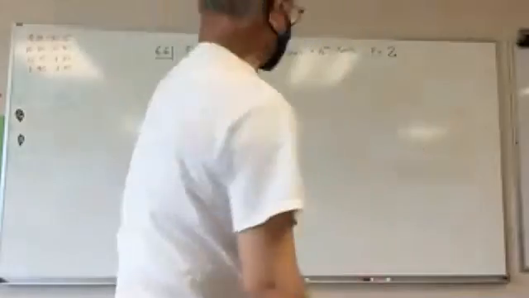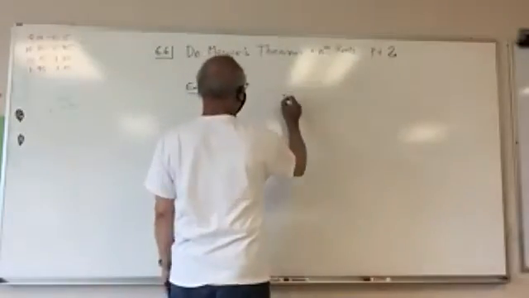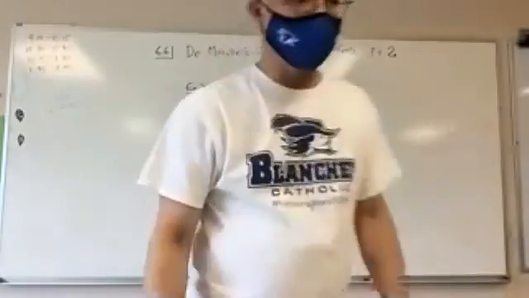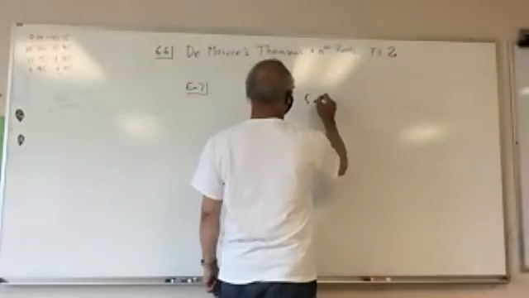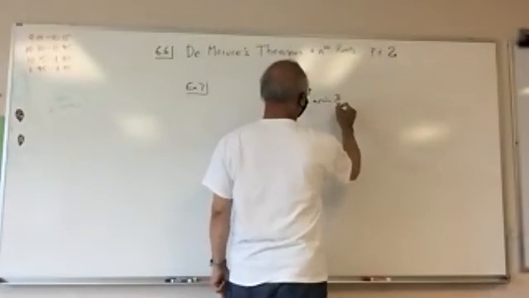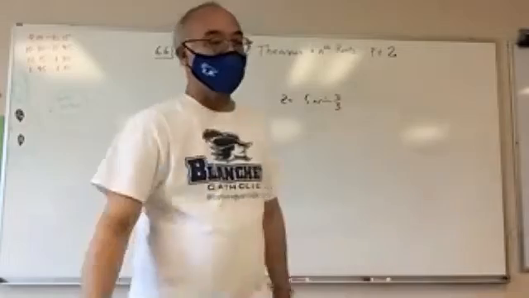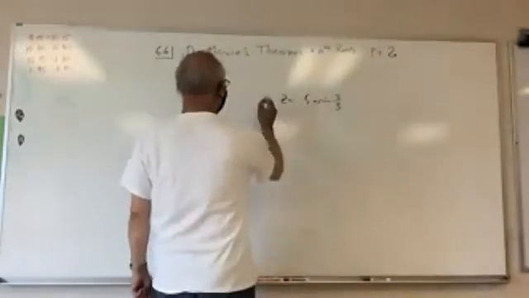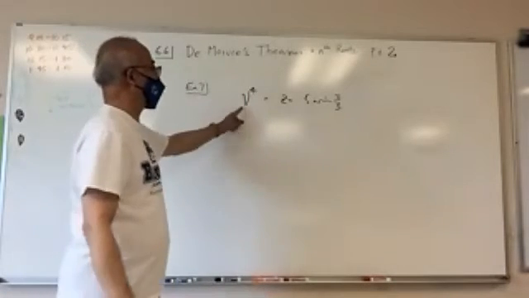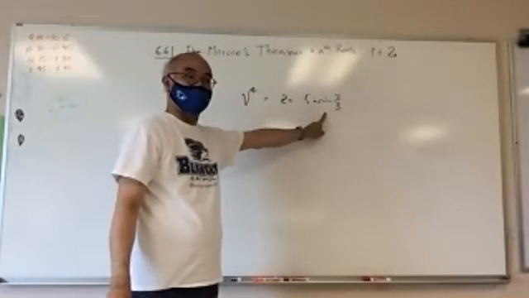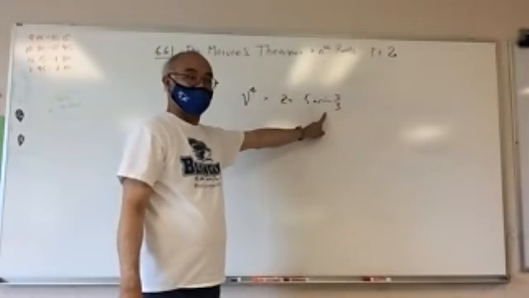Find the 4th roots of that. So z is equal to 5 cosine pi over 3 plus i sine pi over 3. And I want to find the 4th root. So v to the 4th is this guy. Right?